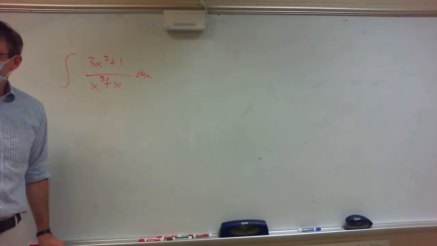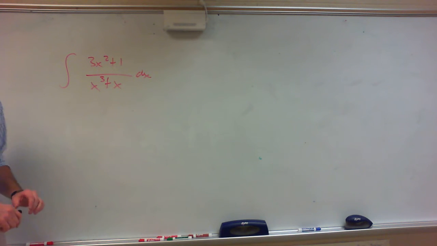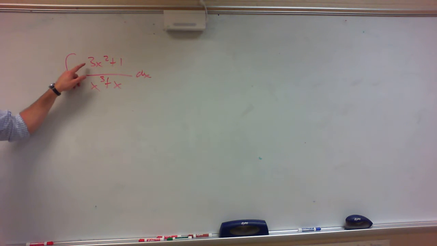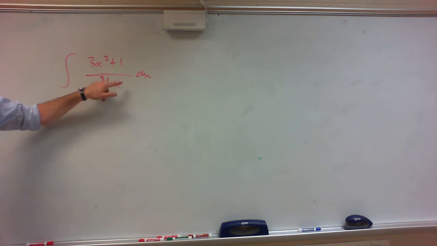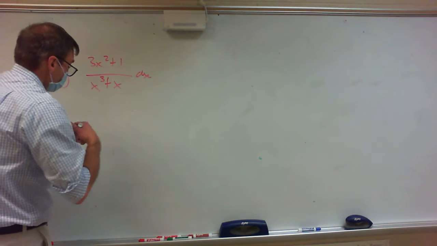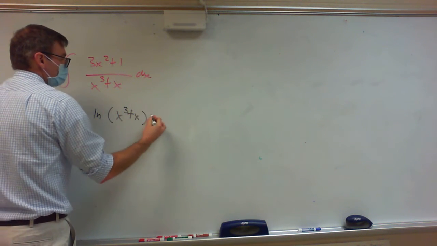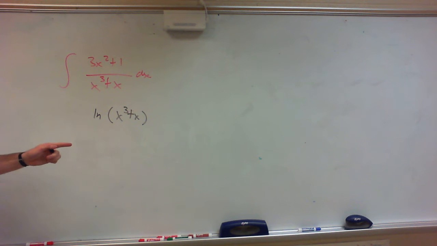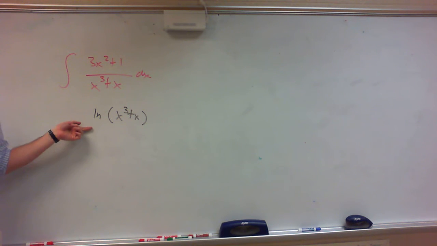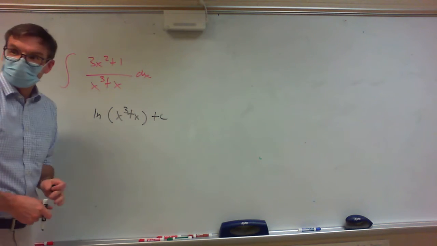Is it getting easier to see? Can everybody look at this and say, wait a minute, the derivative of the bottom is sitting on top? Can y'all see that? And that's raised to the first power. So my guess is going to be natural log of x cubed plus x. And that's it. Does everybody see that's going to give me the right answer? I'll just put a plus c and I'm done, right?